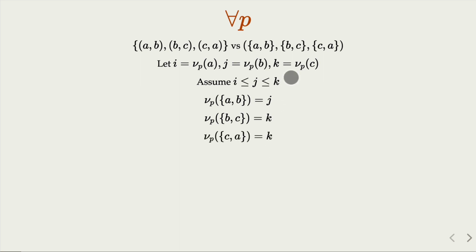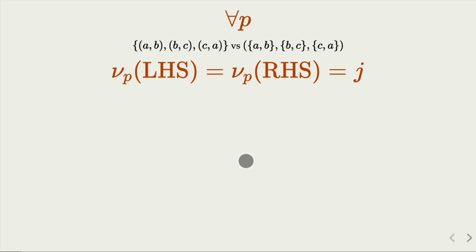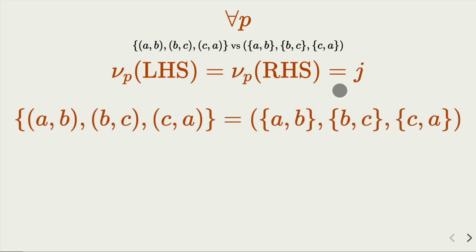And for the right-hand side, you're taking the GCD of 3 numbers, so the exponent is going to be the smallest of those, so that would be j. Okay, so that's identical to the result for the left-hand side, they're both equal to j. So for any prime factor, the order is going to be the same. That means the two quantities are identical. All right, that's a proof.